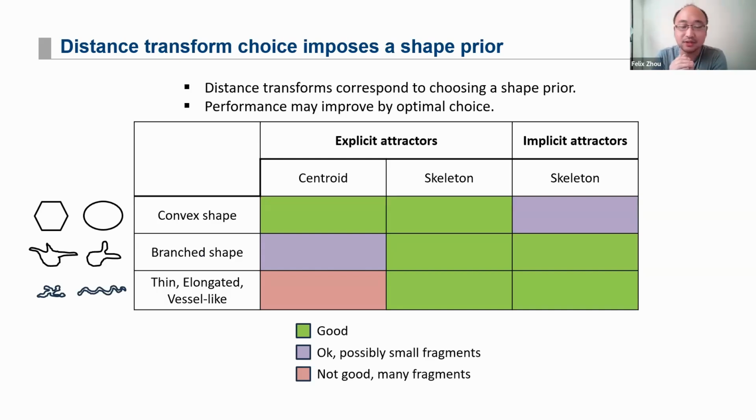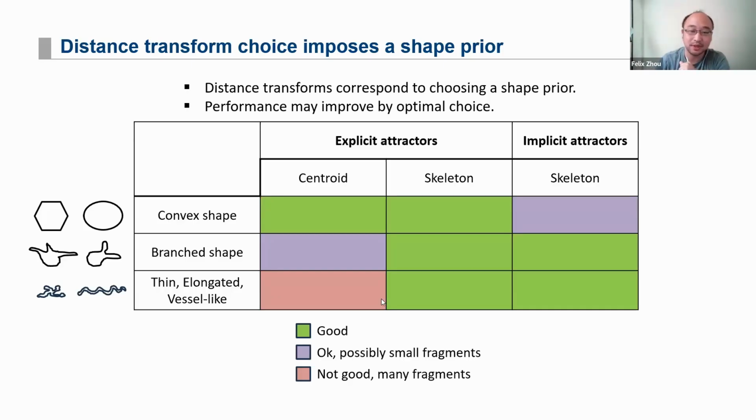And so the choice of the distance transform we found in this paper actually controls the shape prior. So the Cellpose example is really only applicable for convex shapes. What this means is even if you train a very perfect 2D Cellpose model, because of the way it propagates to the center, it's going to break a very elongated shape. That's one of the reasons why they in turn made the Omnipose paper.